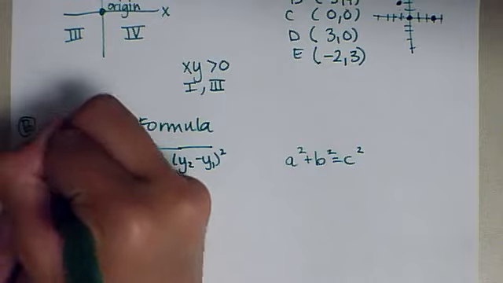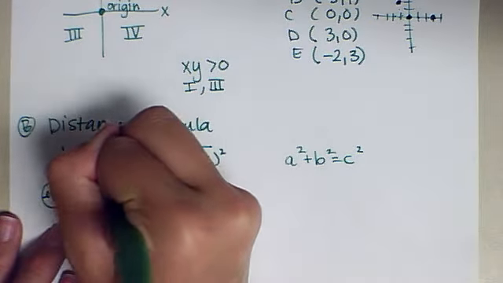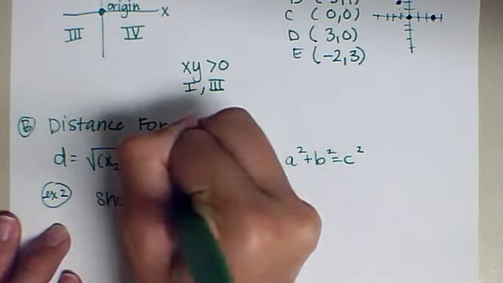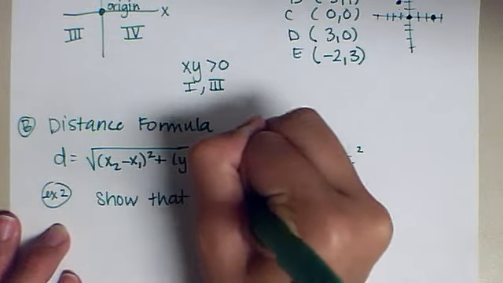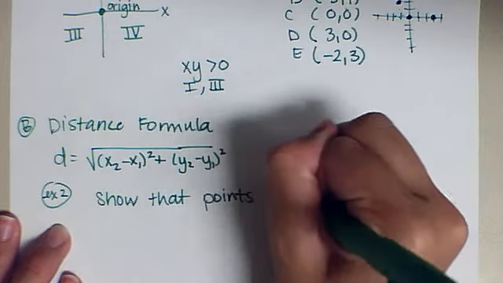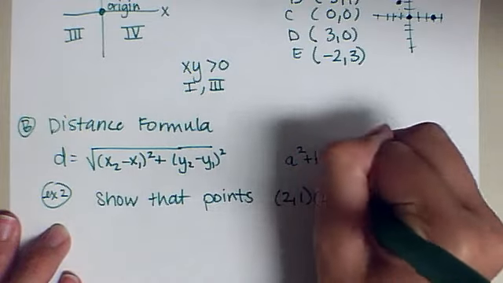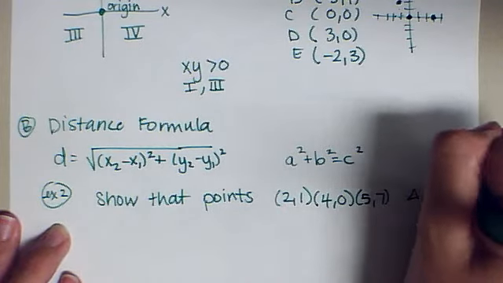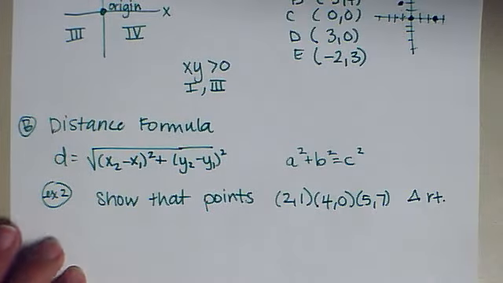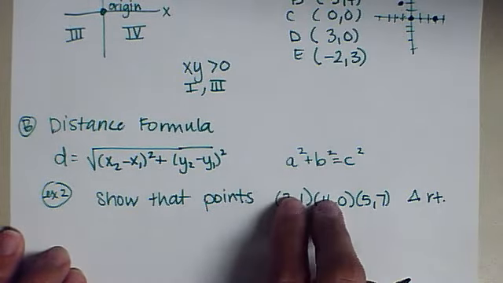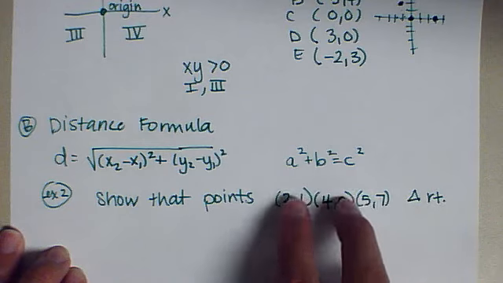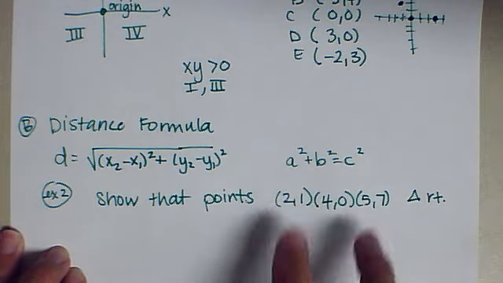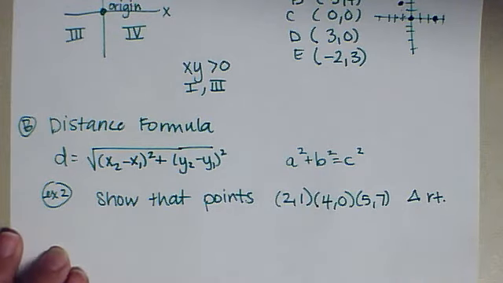For example, number 2. I want you to show that the points (2, 1), (4, 0), and (5, 7) make a right triangle. To do that, we're going to use the distance formula and calculate the distance between each of the 2 points, and then plug them into the Pythagorean theorem.